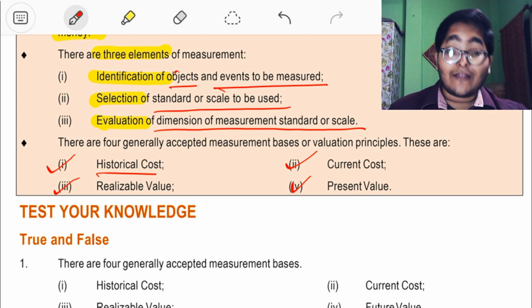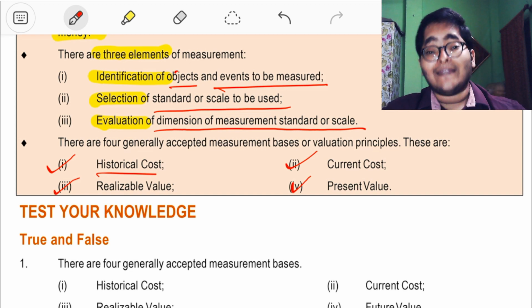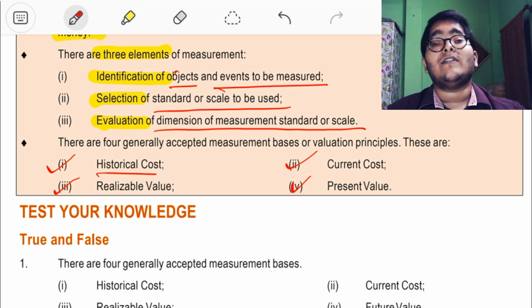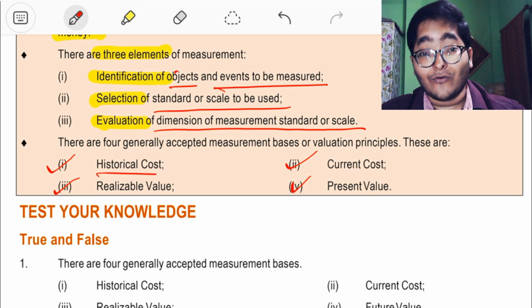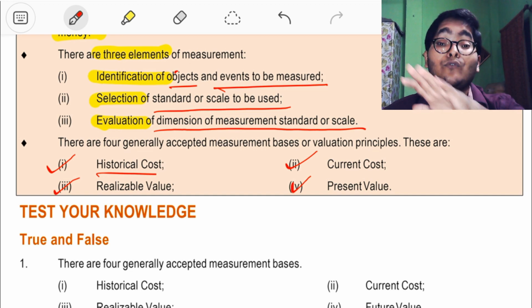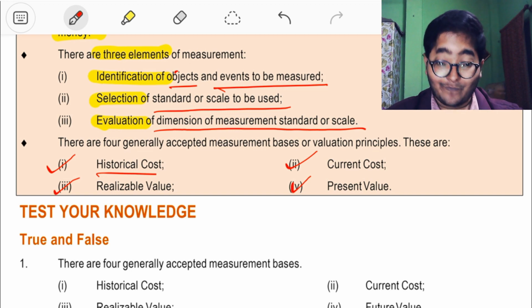Current cost is the current market value or the amount that needs to be currently paid to acquire a similar or equivalent asset that was purchased or acquired previously. Current cost of a liability is the amount that needs to be paid today itself to write off the obligation or liability today itself.